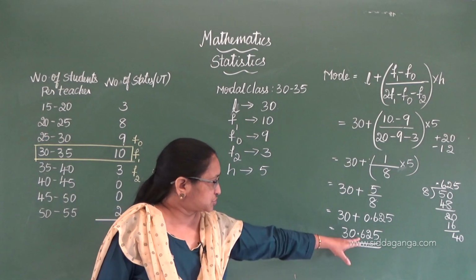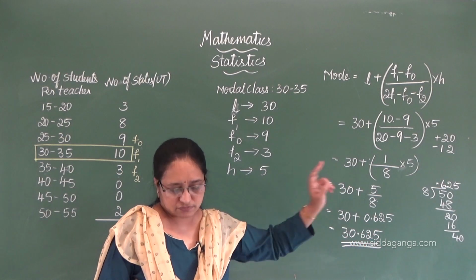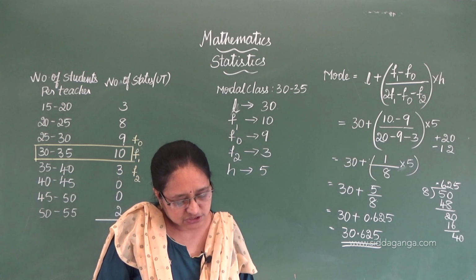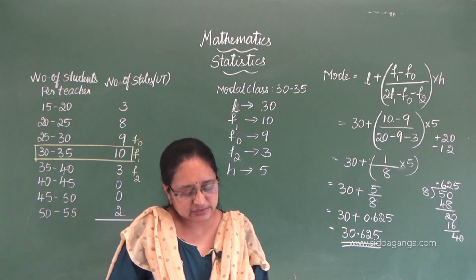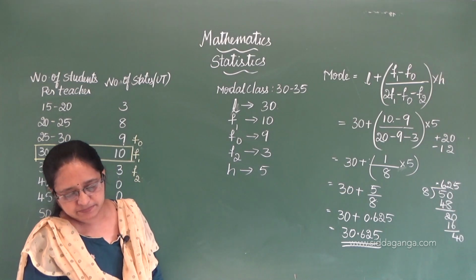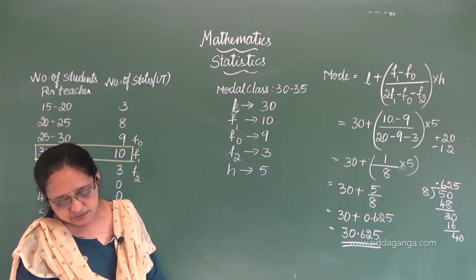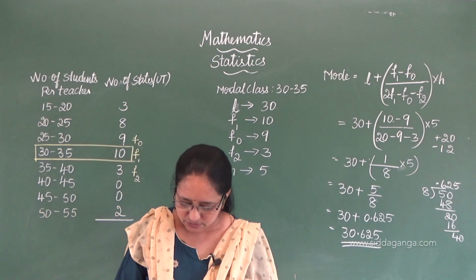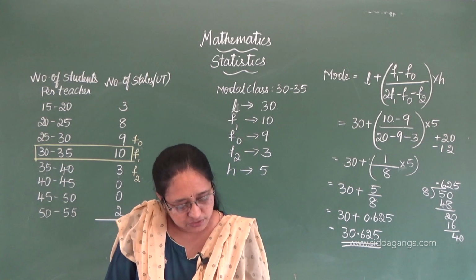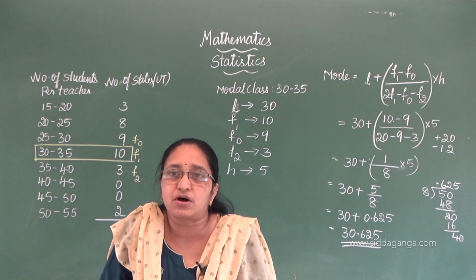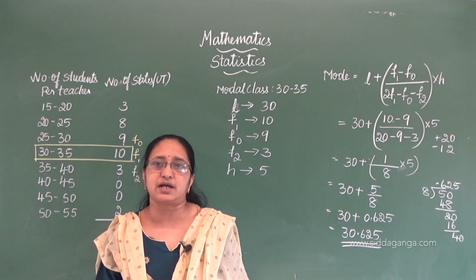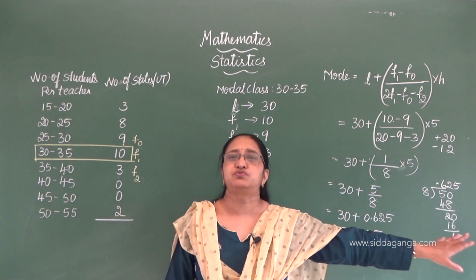Since it is a ratio, I am not writing any unit, because in the question the distribution gives the state-wise teacher-student ratio in higher secondary schools. So we can say that most states or union territories have the student ratio as 30.625.